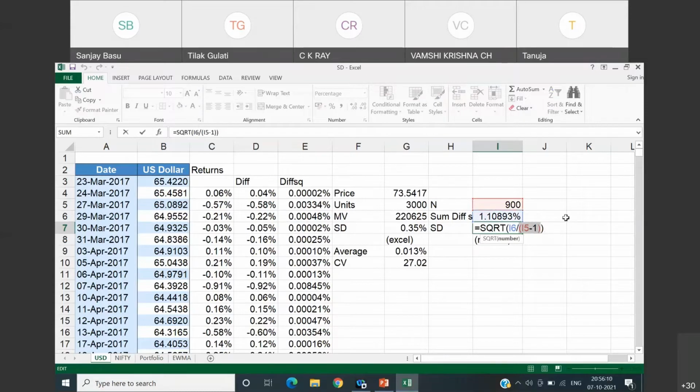Then you take the positive square root. So root mean square deviation. This is exactly what your Excel formula also does. This is manual. What I have calculated is manual, right? This is what your Excel formula also does. Okay.